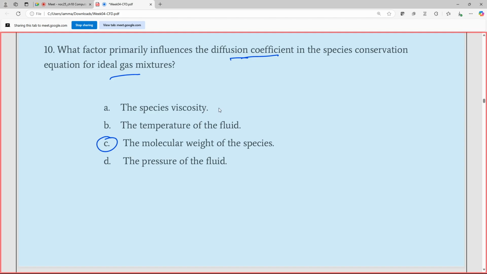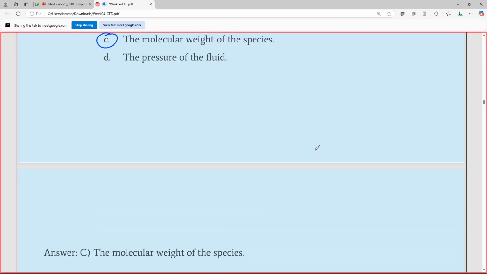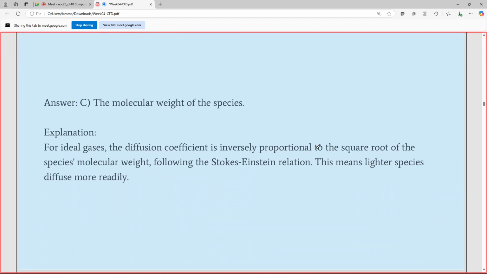Particularly for ideal gas mixtures, the diffusion coefficient is inversely proportional to the square root of species molecular weight.